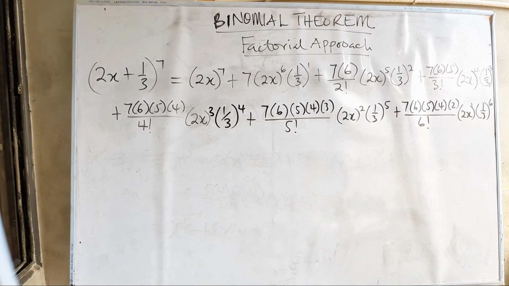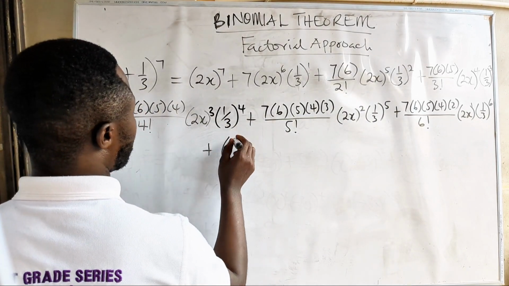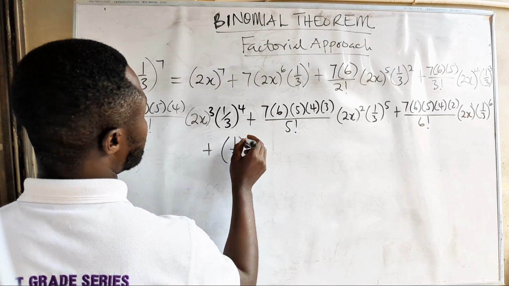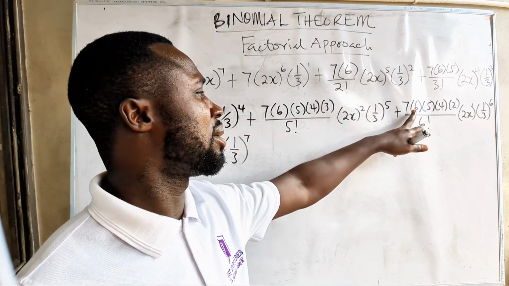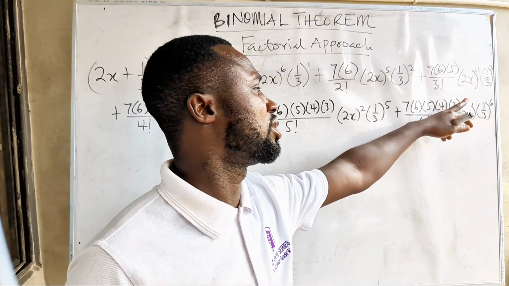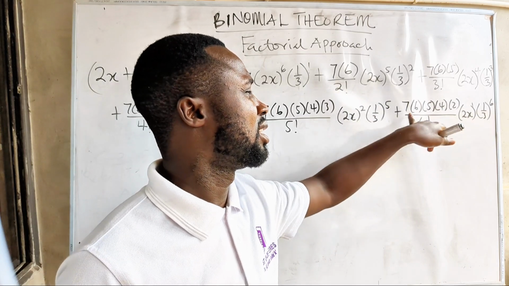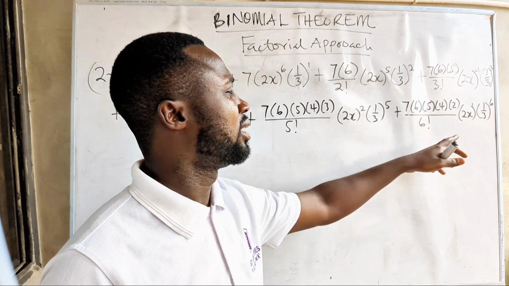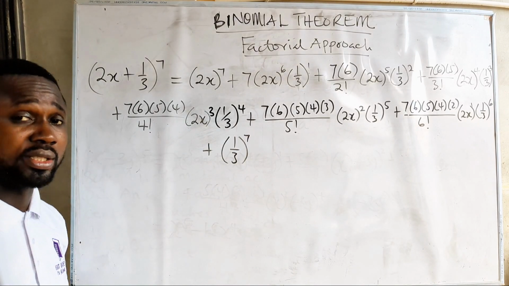We are left with the last step, and the last term will have 1 over 3 exponent 7. For the last term, we have 7 times 6 times 5 times 4 times 3 times 2 times 1 over 7 factorial, which is the same as the 7 factorial. Then this one gives us 1. Then remaining 1 over 3 exponent 0, which is also 1.